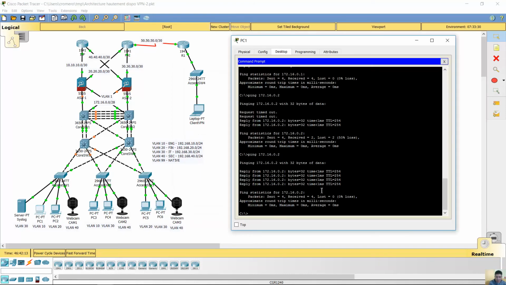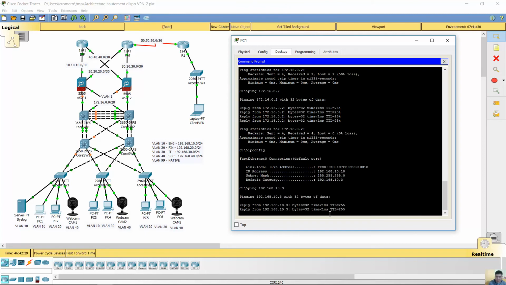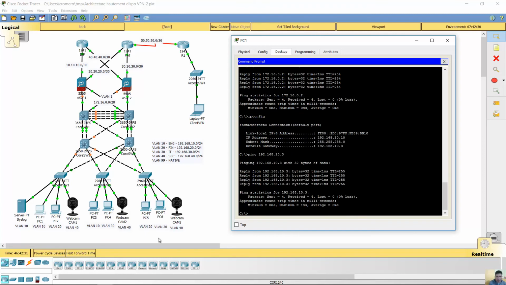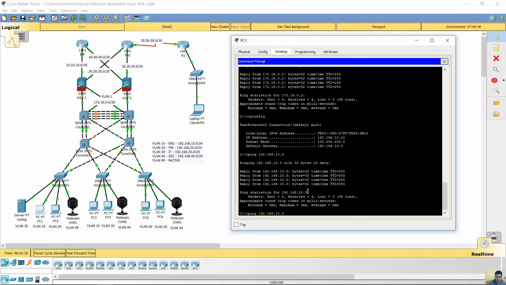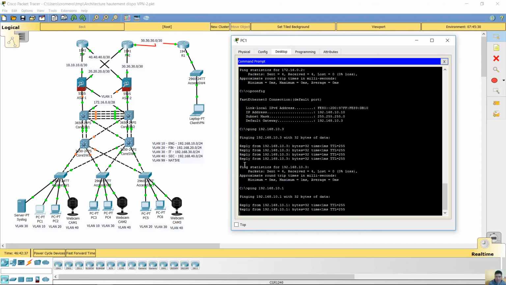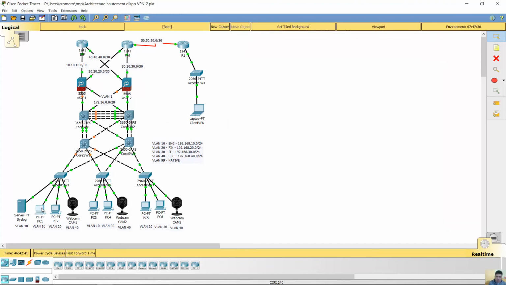Ping to the default gateway. Run ipconfig. Okay, this is my IP, this is my default gateway, but this is the virtual IP for the HSRP. Okay, and successful. Ping core switch S1. Ping core switch S2.